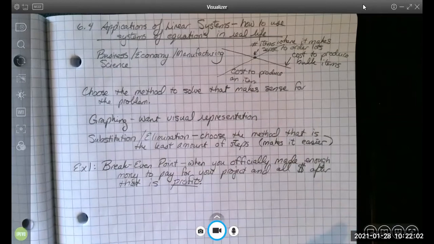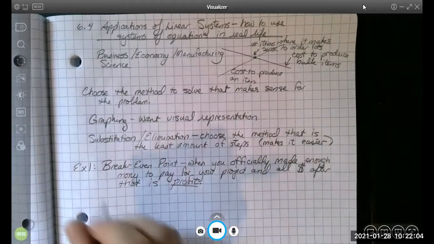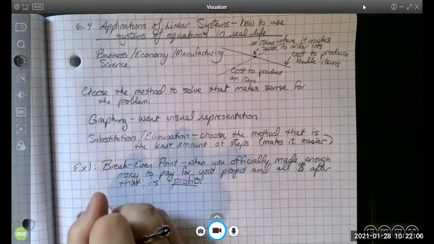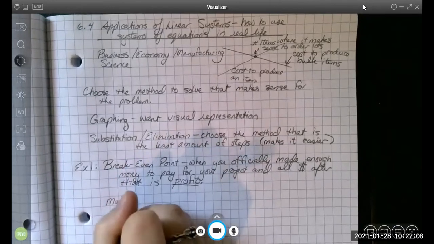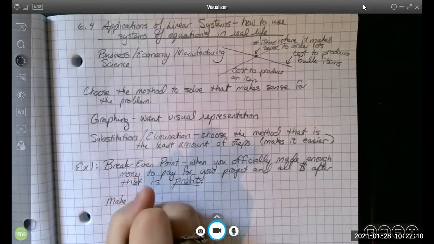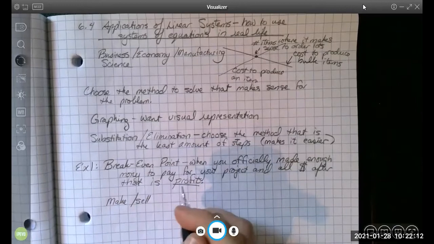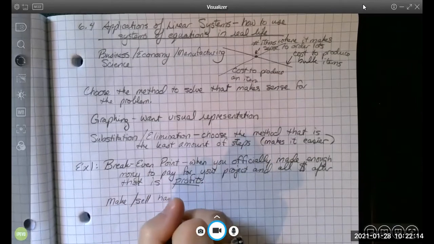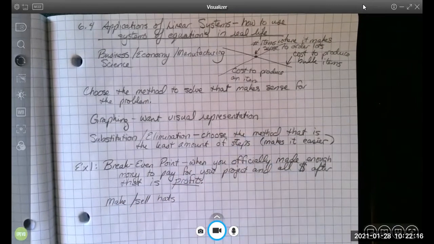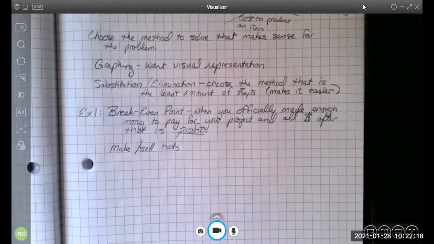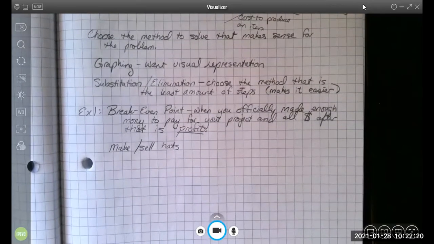So a fashion designer makes and sells hats. Anytime you make something, it costs money to buy materials and to pay your workers to make it. I don't know. Feel free to picture funny hats for people to wear at the Ministry of Silly Walks, something like that. The material for each hat costs $5.50.